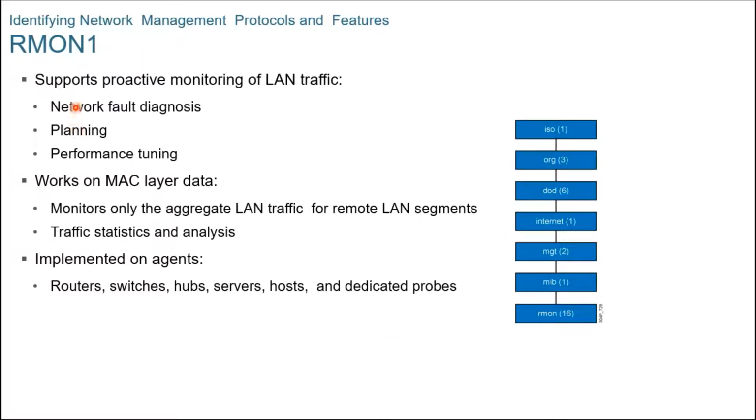RMON1, or the remote monitoring. So the key point would be RMON is an MIB that provides support for proactive management of LAN traffic. So the RMON standard allows packet and traffic patterns on the local area network segments to be monitored.